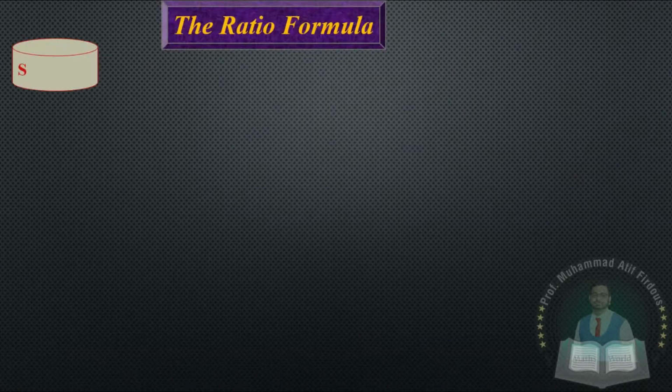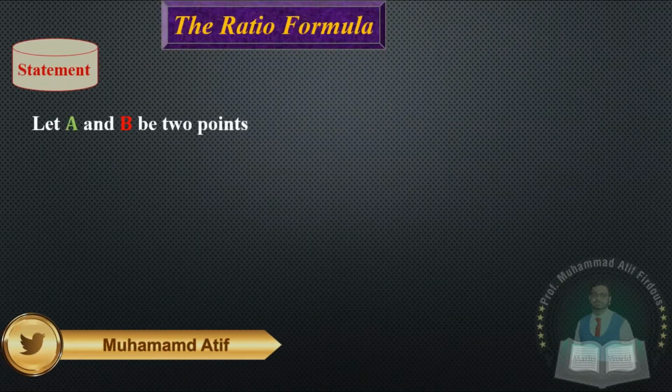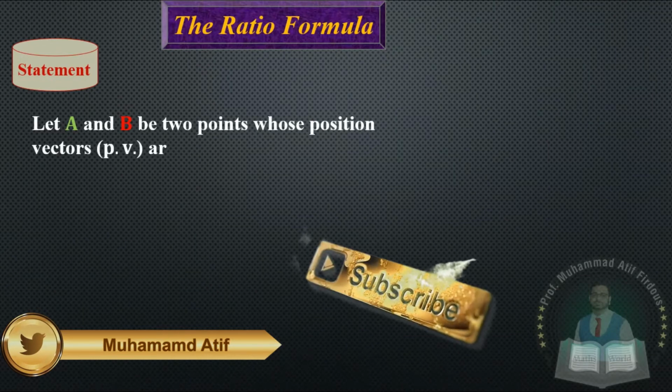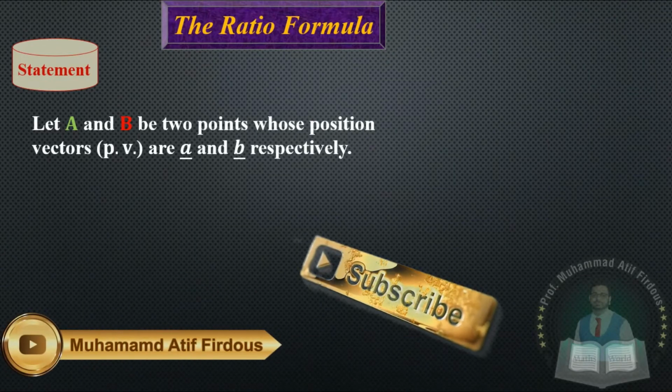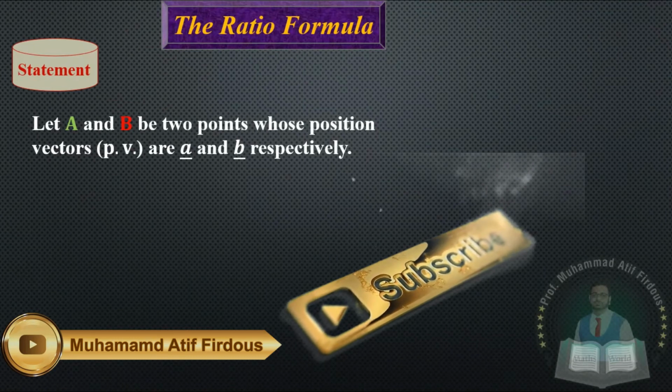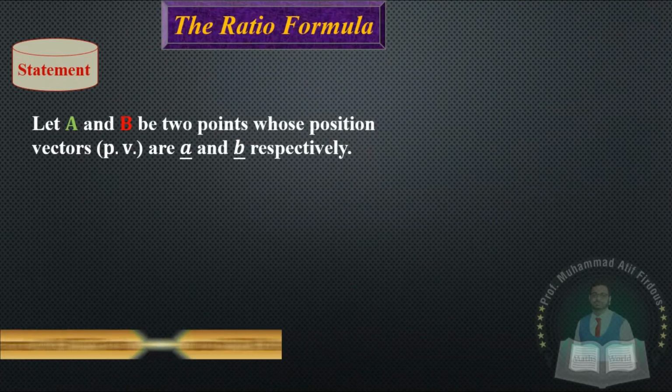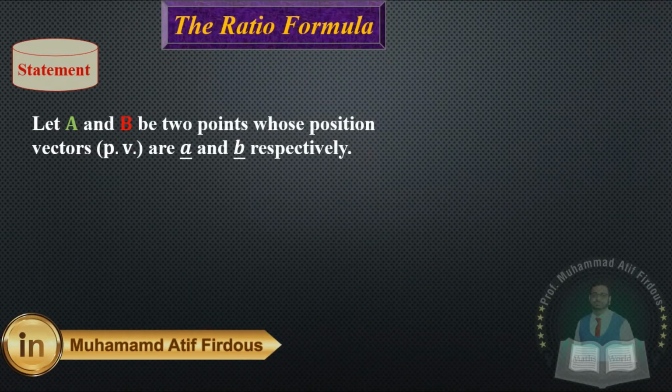It states that if A and B are two points with position vectors a and b respectively. Students, I am going to present this statement with the help of a diagram and also color language.